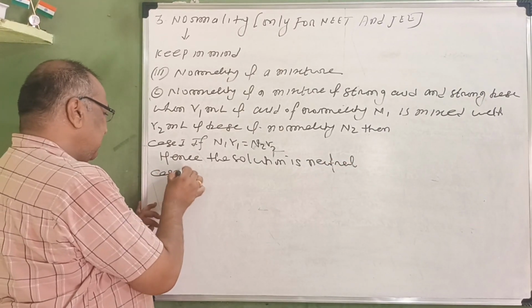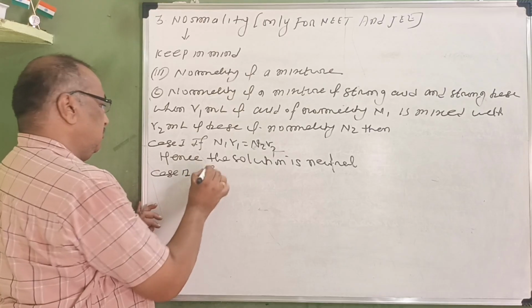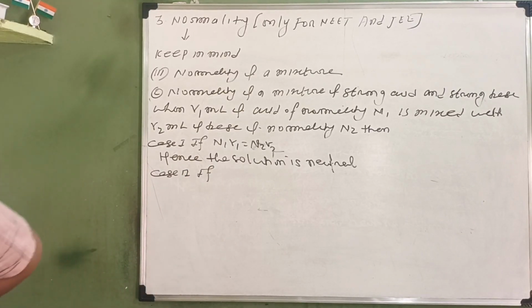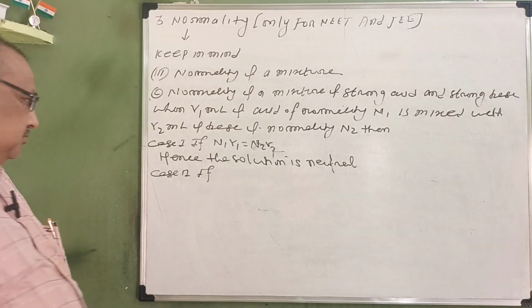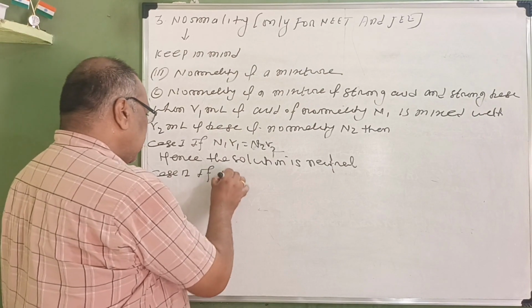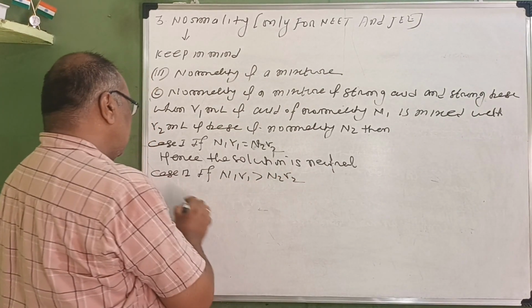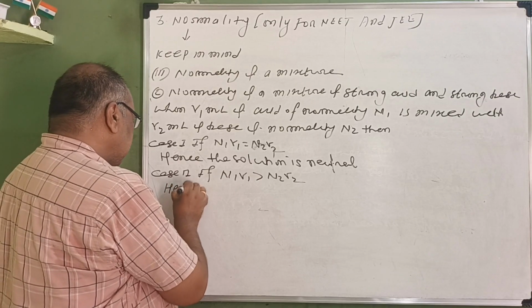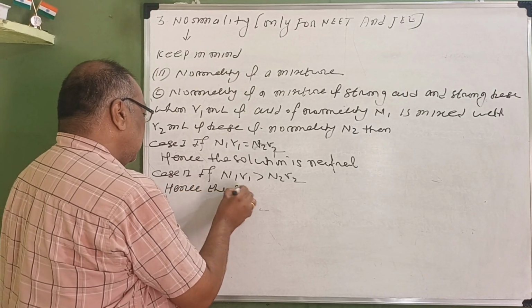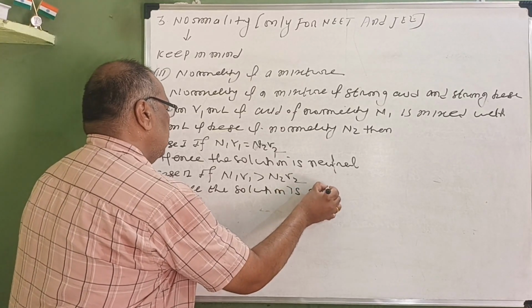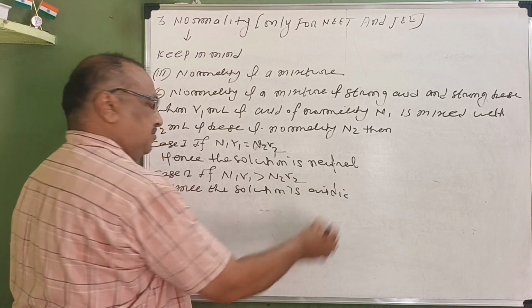Case second, if N1 V1 is greater than N2 V2, hence the solution is acidic.